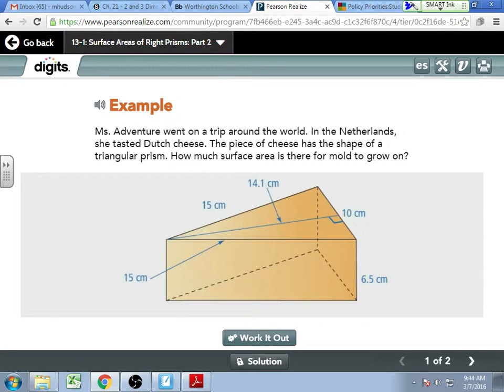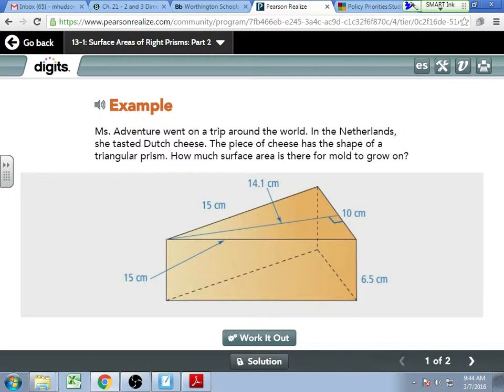But some people will try to say that this is the base. It can't be because there's not another rectangle on the other side. So when you have to determine what the base is, you have to look for matching shapes. I have a triangle on bottom here, and I have the same triangle on top, even though my drawing is not very good. So since I've got the same triangle on top and bottom, this is a triangular prism.